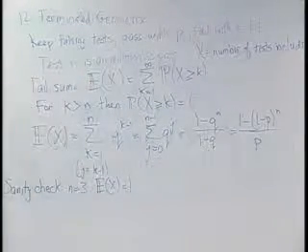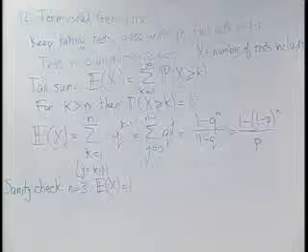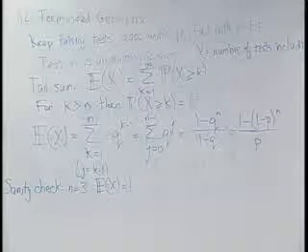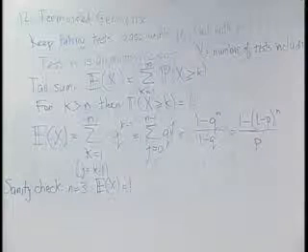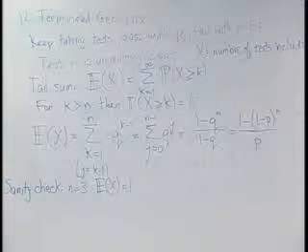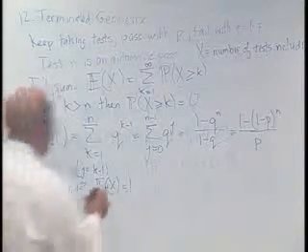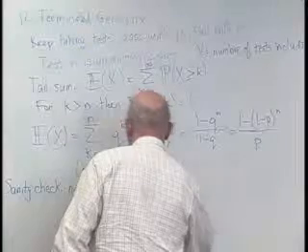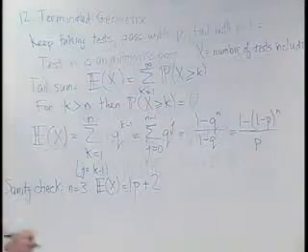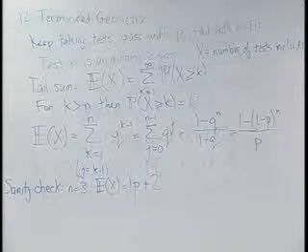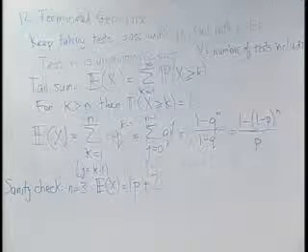The expectation of x is 1 times the probability that Monsieur Bayes will only have to take one test. What's the probability that he passes on the first try? P. Or he may have to take 2 tests. What's the probability that he takes two tests because he fails the first and passes the second?